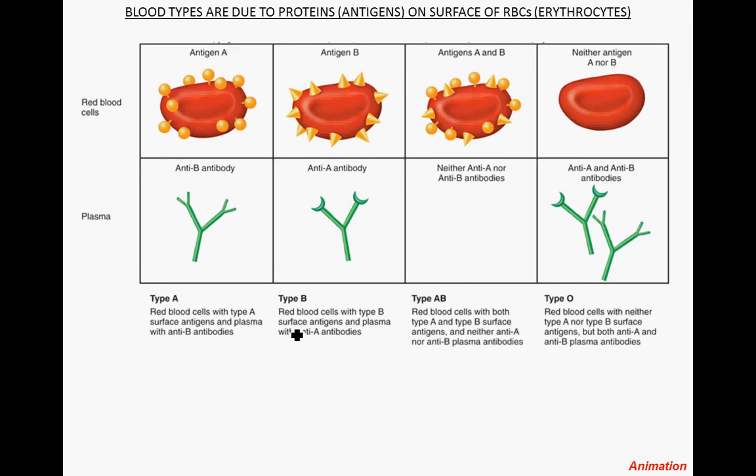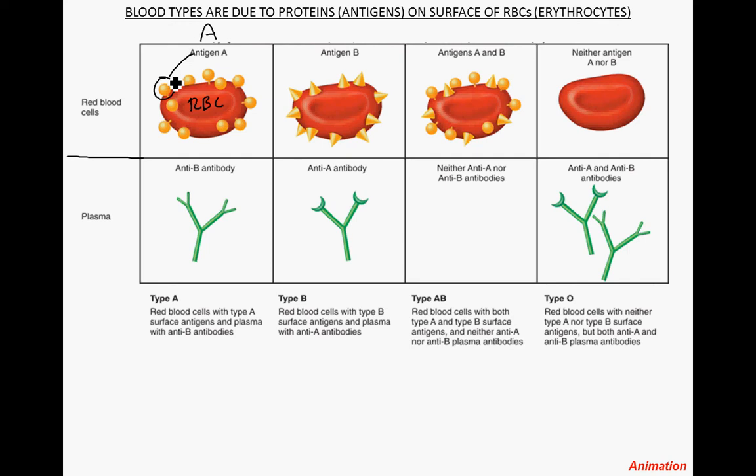So we have this table here, and we'll divide it into top and bottom. The blood types are due to proteins or antigens on the surface of the red blood cells, or erythrocytes. So this is a red blood cell, and if you are blood type A, then you have A antigens on the surface, which they're representing as this sphere.